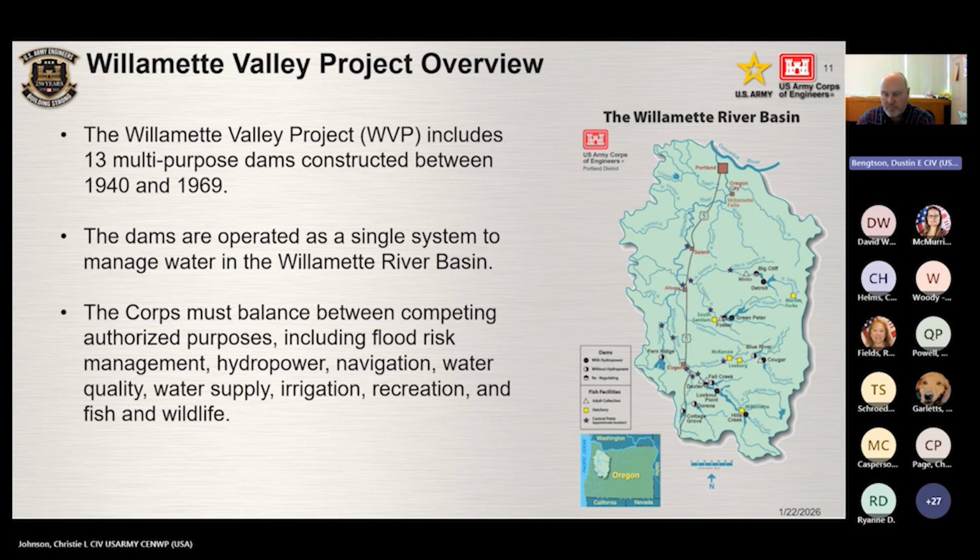And in that time, I have seen a lot of change in our system, in public expectations, in legal requirements. And so those dams that we constructed beginning in the late 30s, early 40s, and finally completed the last dam at Blue River in 1969, that system has been operating in a fairly dynamic state for most of that time.